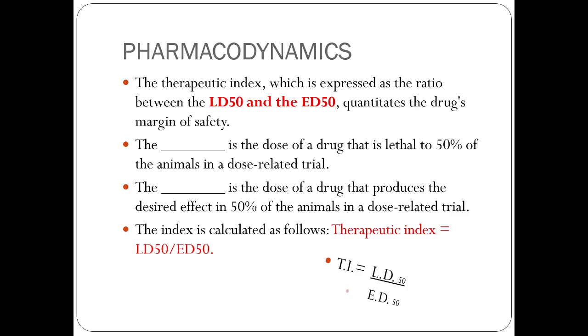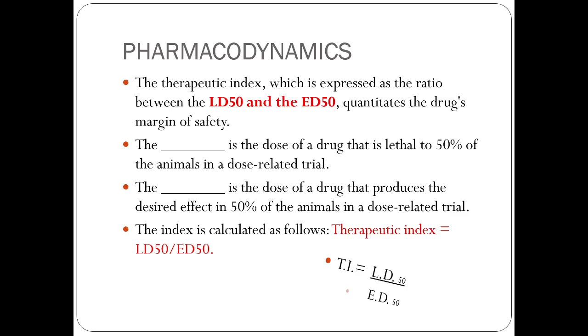LD50 stands for lethal dose of 50% of the animals that this drug was administered to. The effective dose is the dose at which this drug was effective for 50% of the animals. So the LD50 is the dose of the drug lethal to 50% of the animals in the dose-related trial, and the effective dose is the dose of a drug that produces the desired effect in 50% of the animals in a dose-related trial.